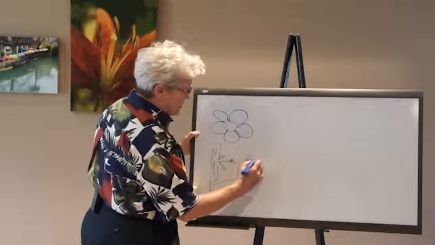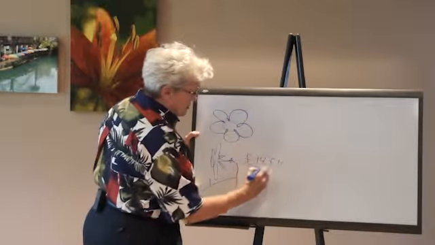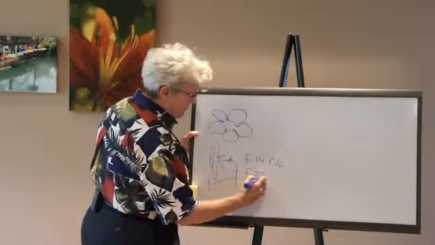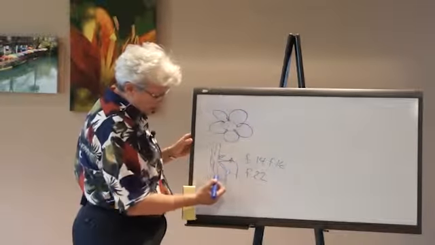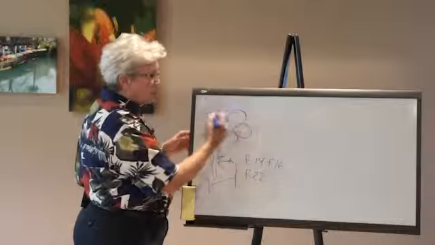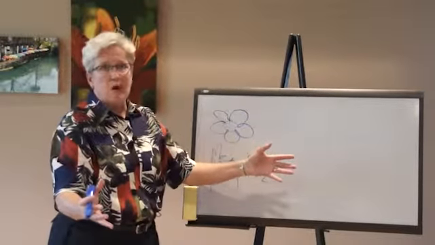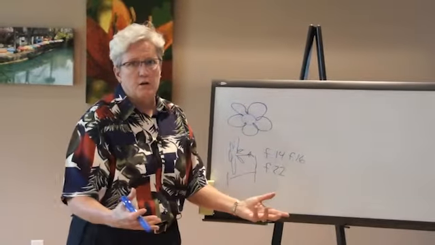So we're going to be like at f14, f16, maybe even f22. And that means everything from this point back to this point will be in focus. And that's fine if you want to take an overall picture or a field of flowers, or you have a pretty flower garden and you want the whole garden in focus.